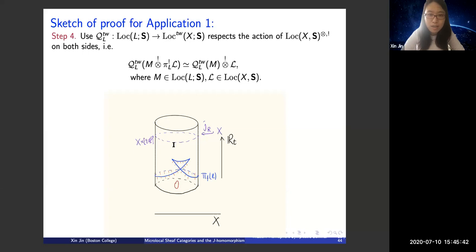When you restrict to a level set, it corresponds to this local system tensor L.